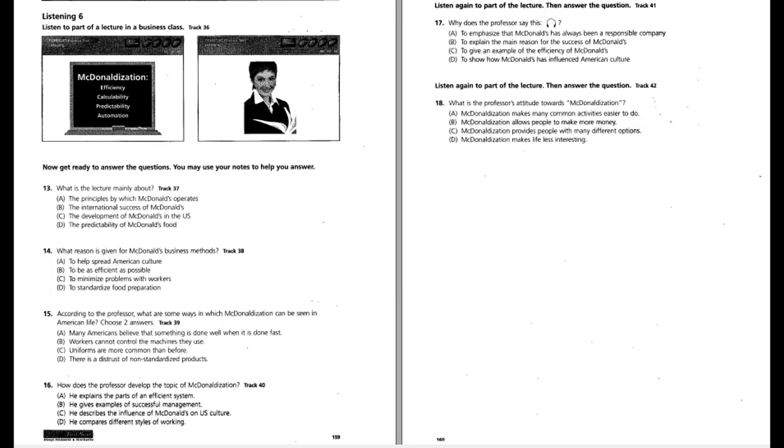Now get ready to answer the questions. You may use your notes to help you answer. Number 13. What is the lecture mainly about? Number 14. What reason is given for McDonald's business methods?